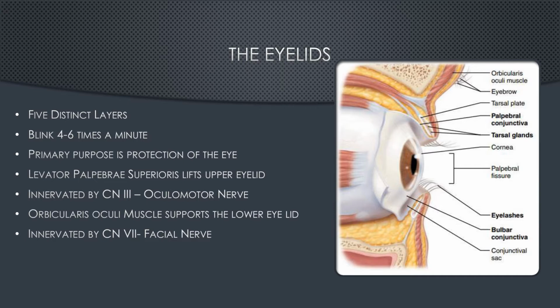The orbicularis oculi, which runs in a circular fashion around the eyelids, provides closure during activities such as winking and blinking. This muscle can close forcefully, and manual attempts to open it can be particularly difficult, sometimes almost impossible. The orbicularis oculi muscle is innervated by cranial nerve 7, the facial nerve.